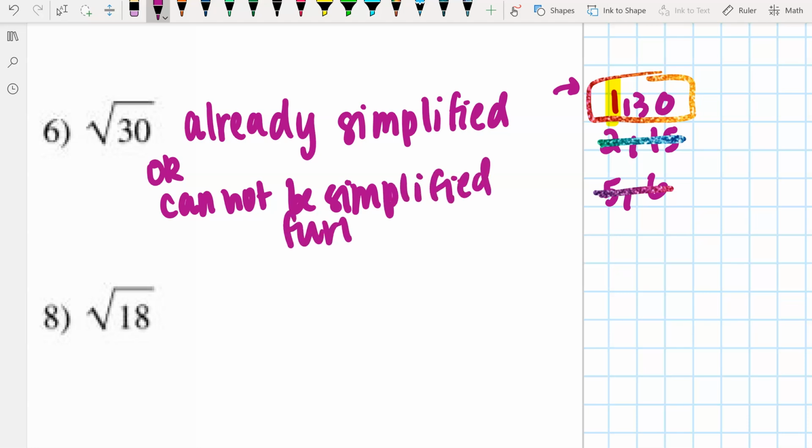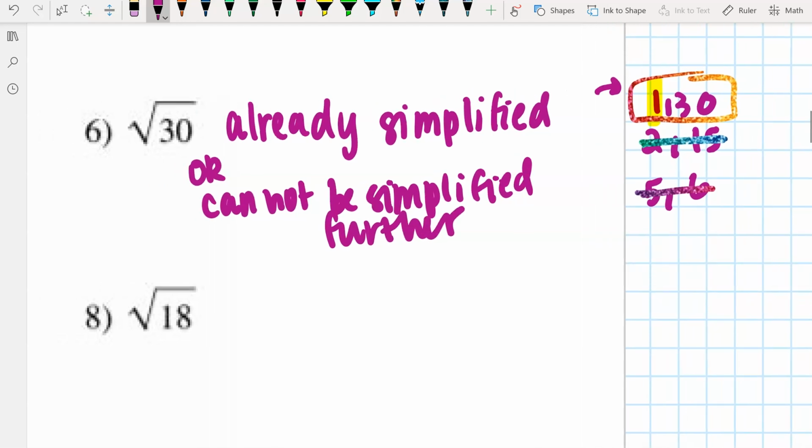Okay, so there are times where this does happen, where it's not no solution, because you do have a solution. Your answer is the square root of 30. Okay, that's the answer. It's simplified already. There's nothing you can do. Okay, so that does happen.